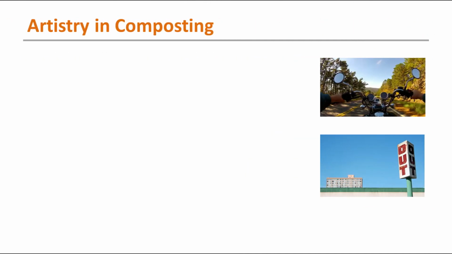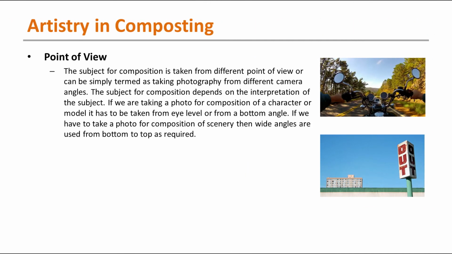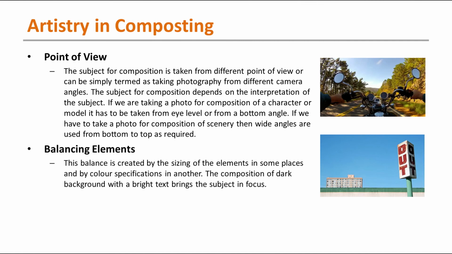The subject for composition is taken from different points of view, or can be simply termed as taking photography from different camera angles. The subject for composition depends on the interpretation of the subject. If we are taking a photo for composition of a character or a model, it has to be taken from eye level or from a bottom angle.